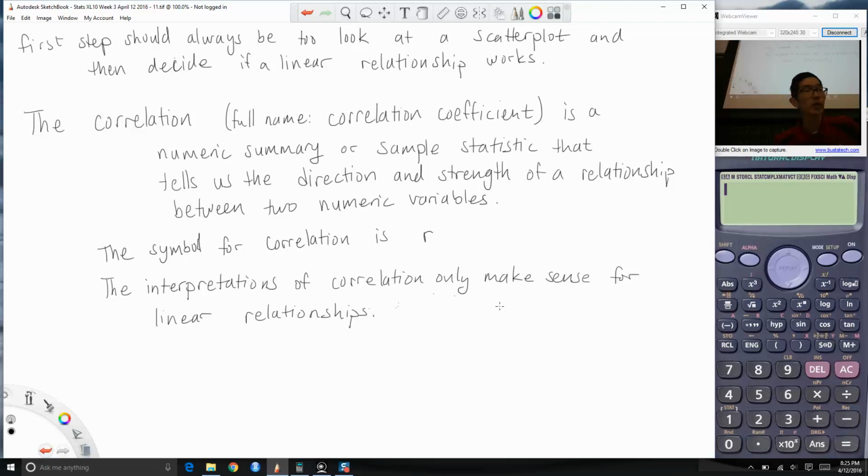Okay, correlation can be calculated for any two numeric variables, but the interpretations only make sense if the relationship is linear. Okay.